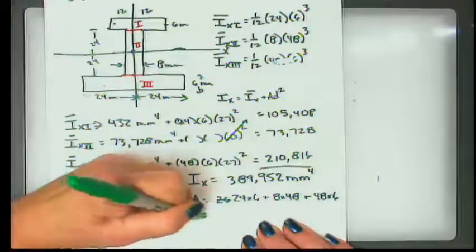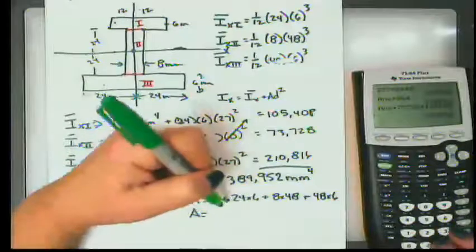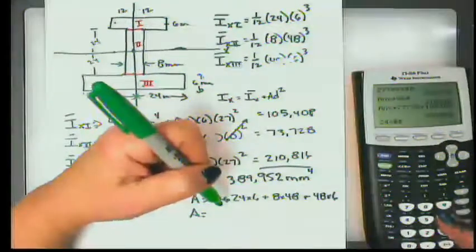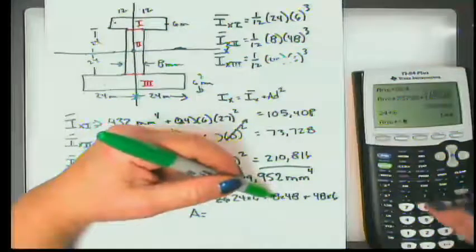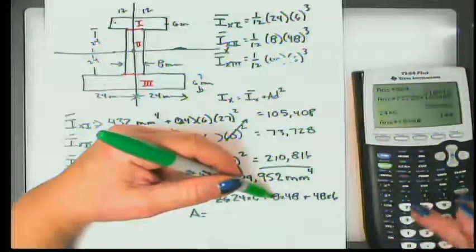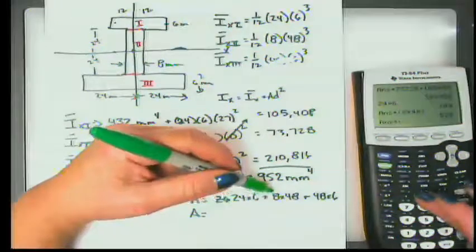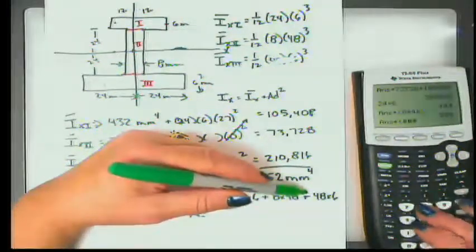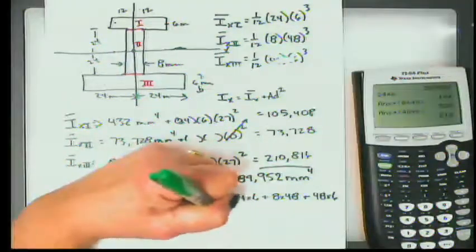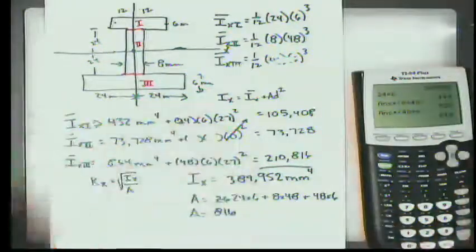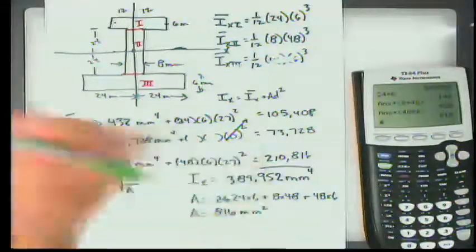So the total area of this shape is 24 times 6 plus 8 times 48 plus 48 times 6. And that entire area is 816. Everything was measured in millimeters, so this is going to be millimeters squared.